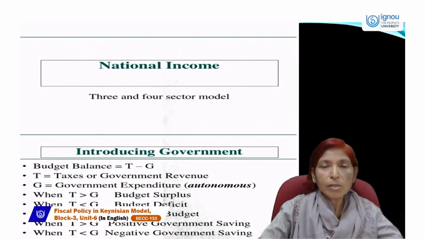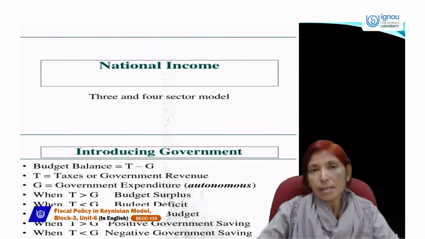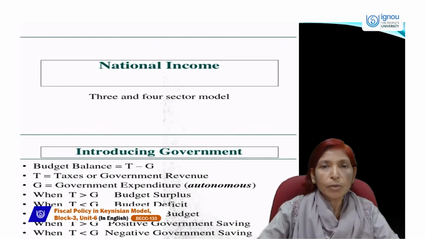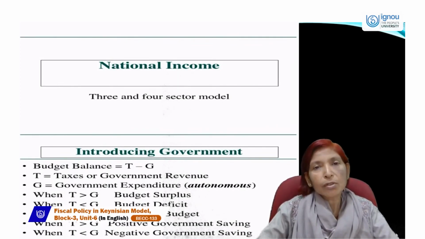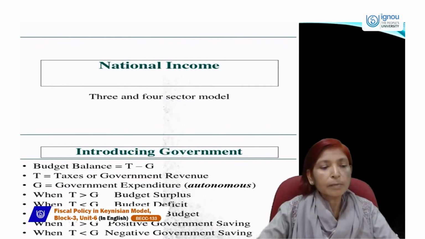Government collect revenues through taxable sources, and government always make budget, and budget balance is always equal to T minus G. Here T refers to taxes and G refers to government expenditures. So taxes means government revenue and G is government expenditure, which is always autonomous in nature.